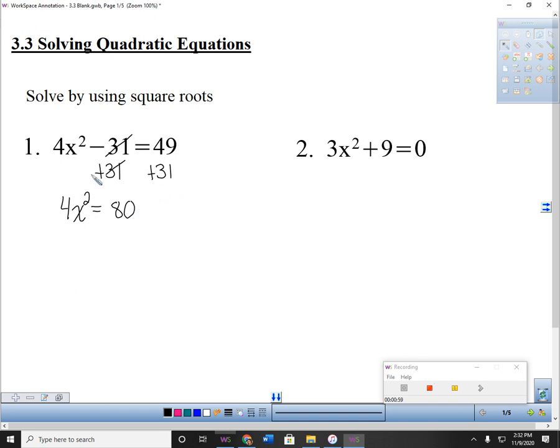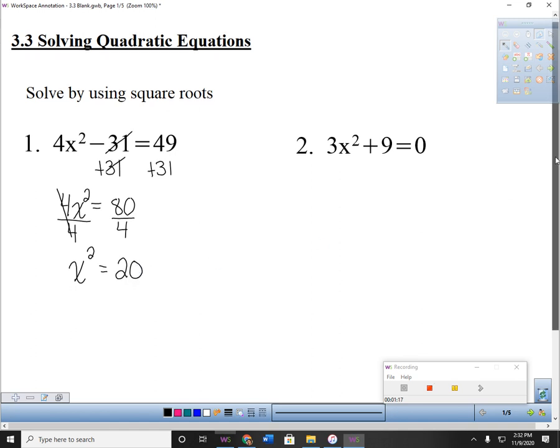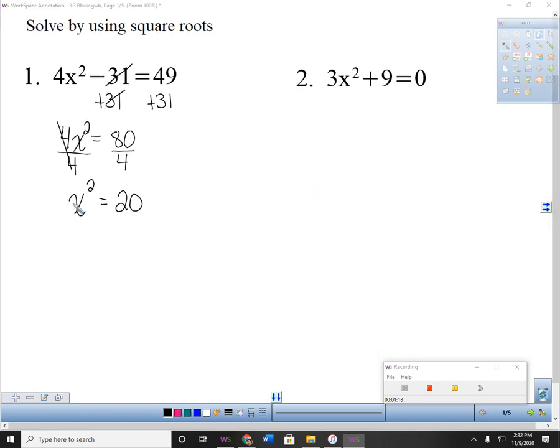And then I would need to get rid of this 4 right here, so I'm going to divide by 4. So I've got x squared is equal to 20. And then to get rid of the square, I would need to square root.